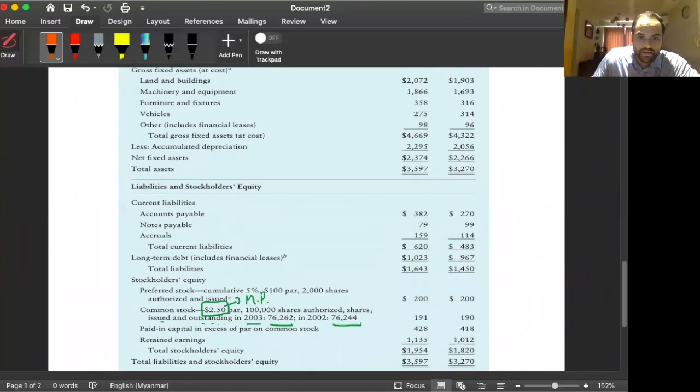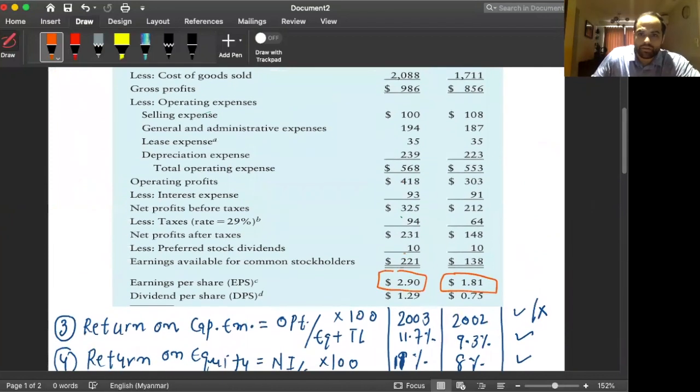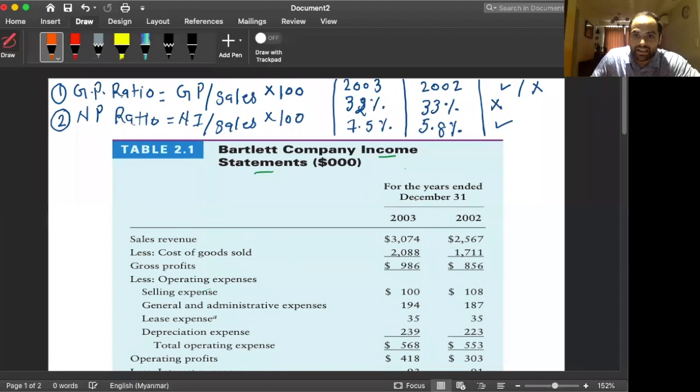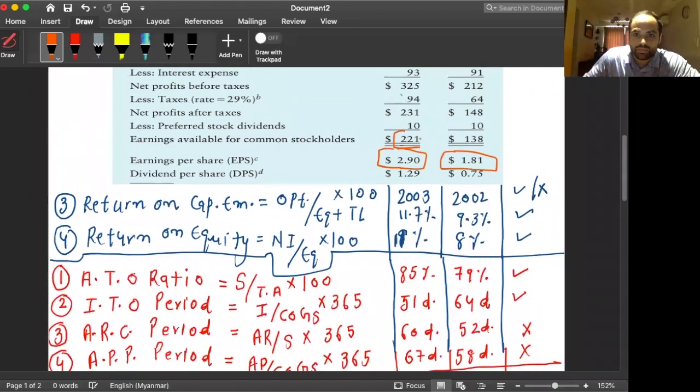Number of shares here for 2003 and 2002. So make sure you check again. And you should remember one thing. This number is not $221. If you look at here, it's in thousands.